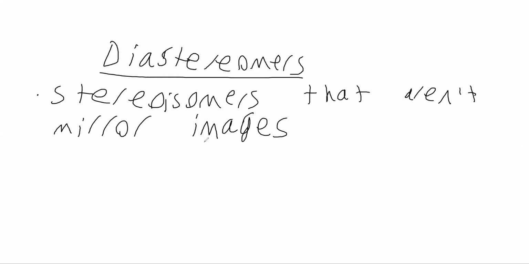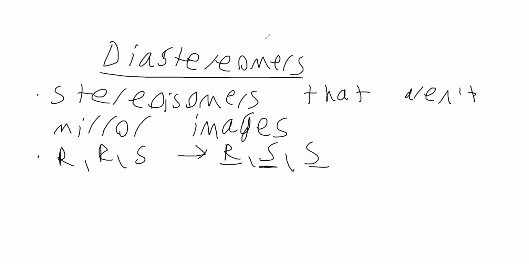So, like I said before, going back to that same example, we could say if the original molecule has RRS configuration, then the diastereomer might have RSS. So these two stay the same, but this one changed, so it's not a mirror image, but it's not the same molecule because it changed a little bit. So that would be a diastereomer.